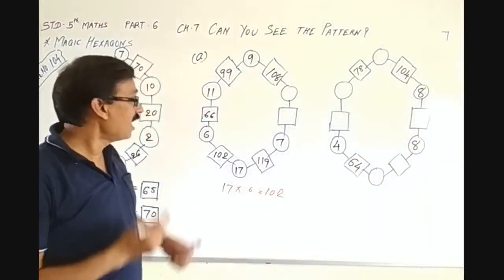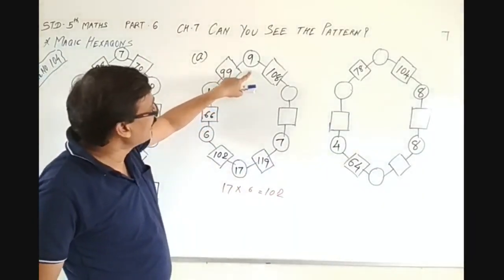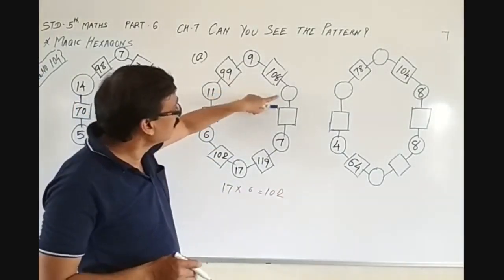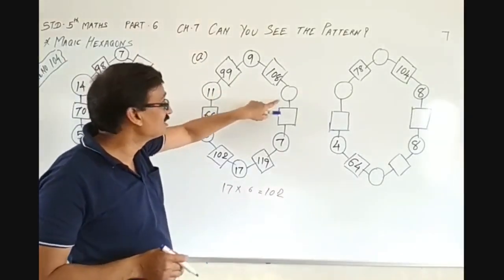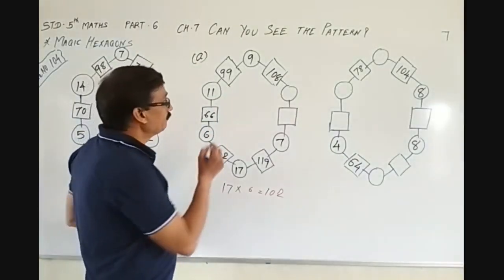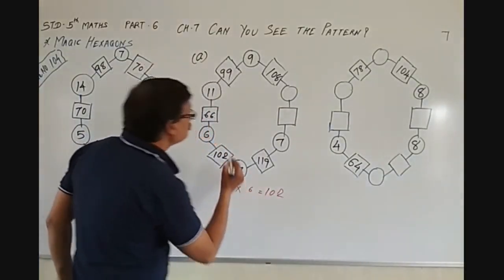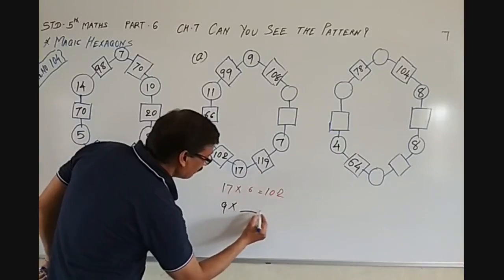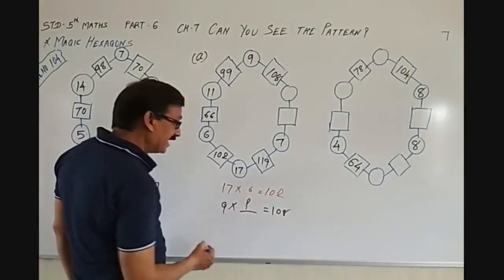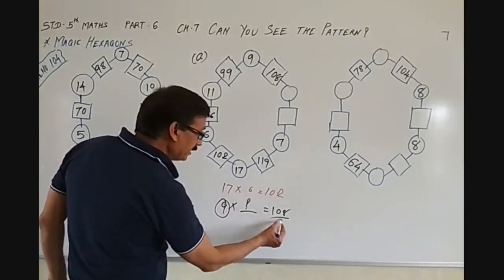Now there is a problem. What is here? 9 only is there, but in this circle there is nothing. Then what to do? How to find out the number which will be in this circle? Suppose 9 multiplied by something is equal to 108, isn't it? Then we can get this number by dividing 108 by 9.